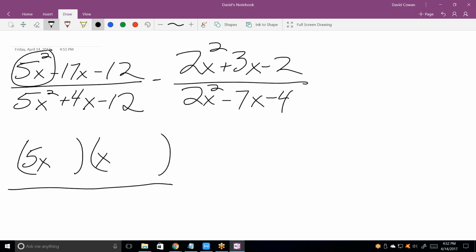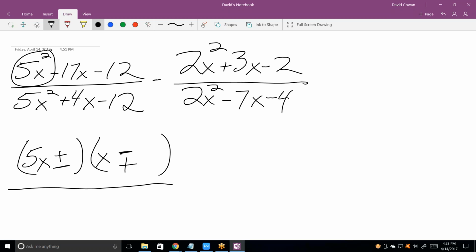That's the only way to split it up. There's no other way to split up 5x. Now, my signs have to be plus minus, but they could also be minus plus. They won't necessarily result in the same answer.